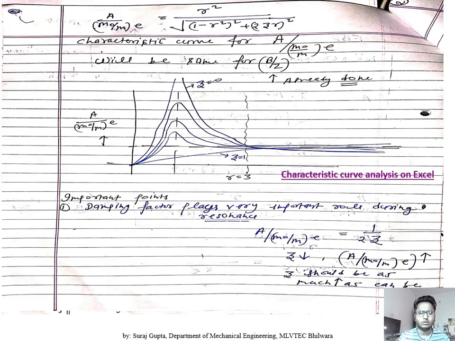Now we are going to draw the characteristic curve for this ratio. This is one term, and this is another term, A by this term. This will be the same as for Z by b, which we have done previously.